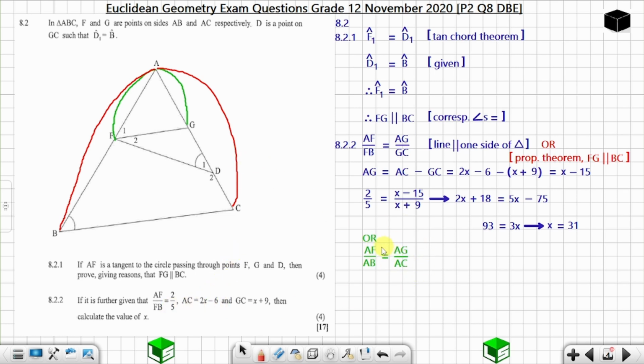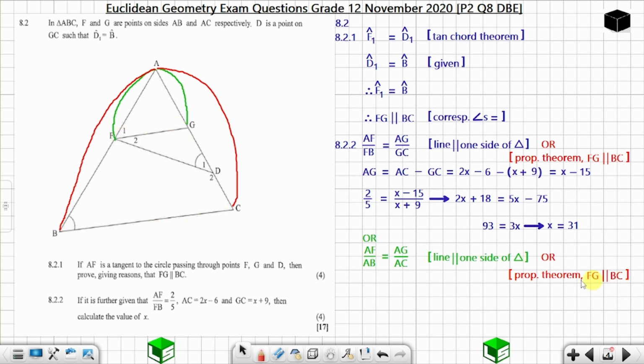The reason why you can write the proportionality equation is that you have a line parallel to one side of a triangle, or you can give the reason as proportionality theorem, FG parallel to BC.